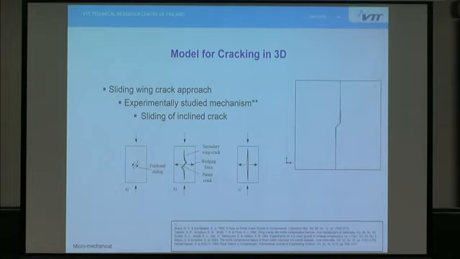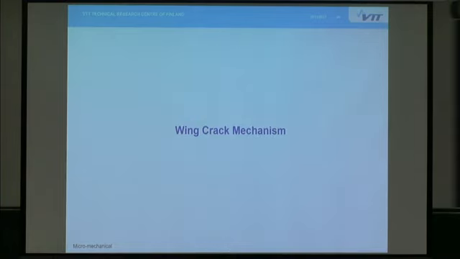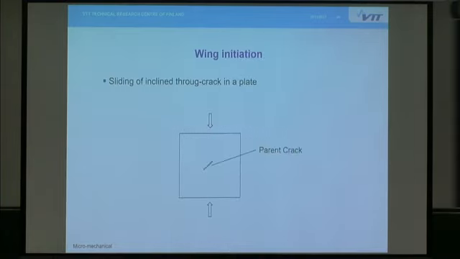I've done that based on the sliding wing crack approach, which is quite commonly used in rock mechanics, studied there for 50 years. The basic idea in the wing crack mechanism is to consider an inclined crack in a specimen.